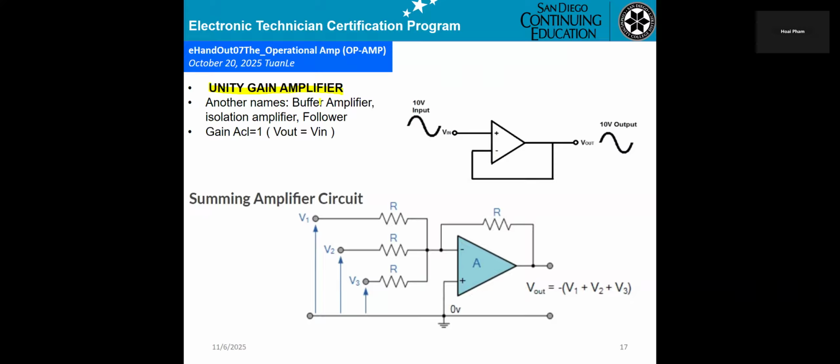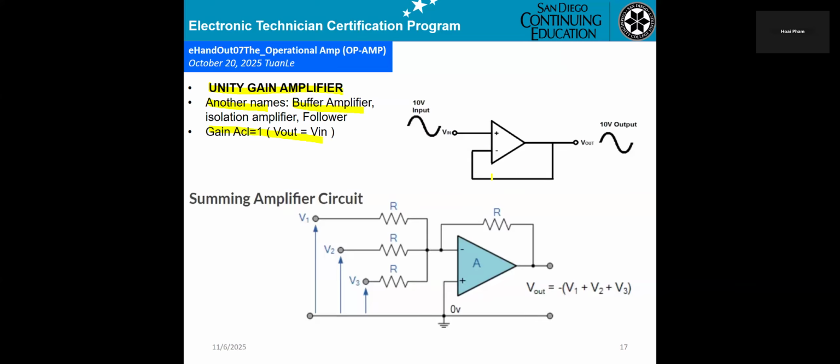Input and output the same. Also, it has other names. They can call it a buffer amplifier, or the follower, or isolation amplifier, and the gain equals 1.